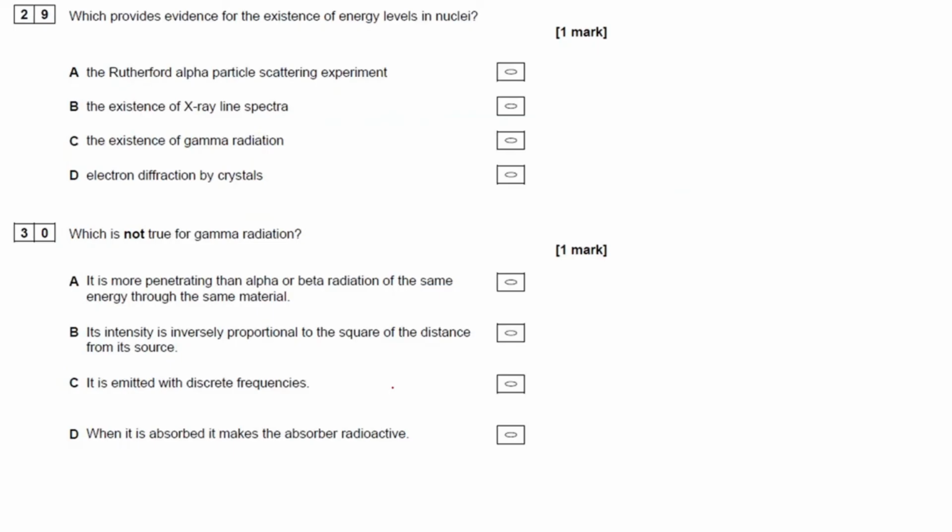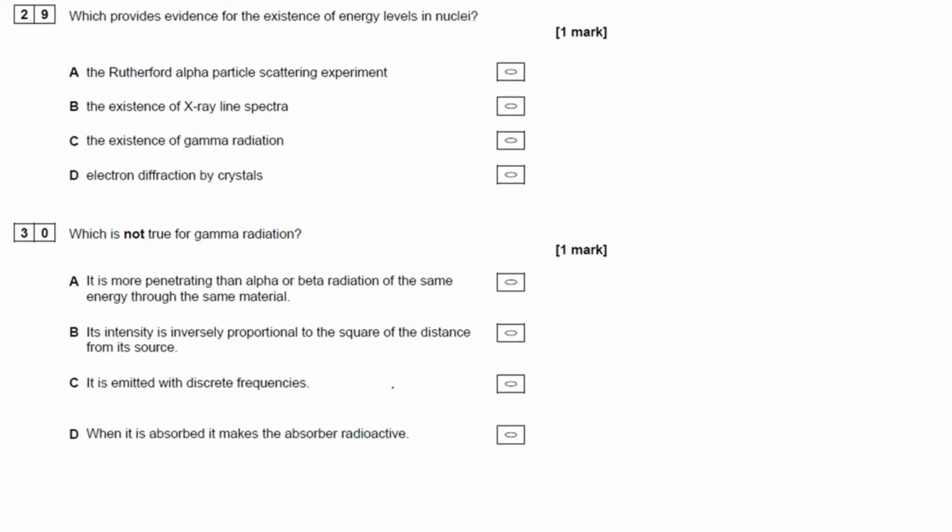Question 29, we have a question that is actually to do with nuclear excited states. So you learn about how some nuclei, when they decay, are in an excited state, or we call it a metastable state. And these metastable states are just nuclei that are in an excited state. So they have energy levels, just like energy levels with atoms and electrons.